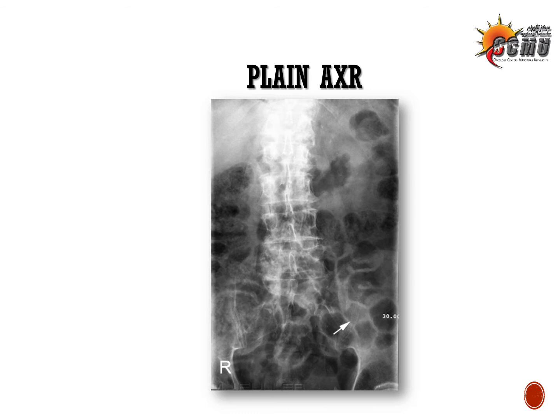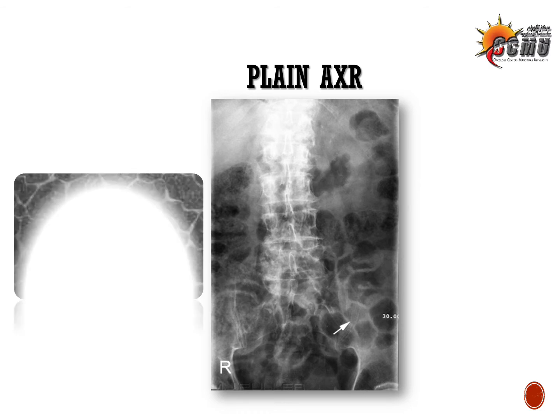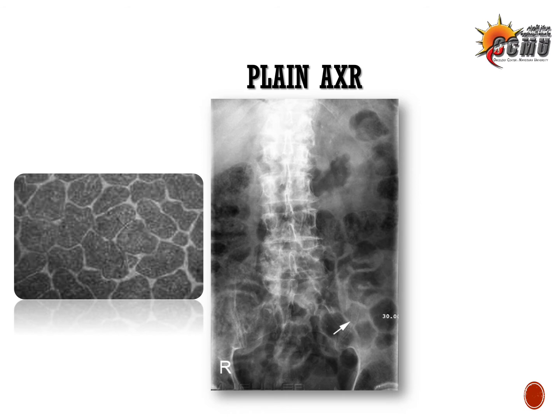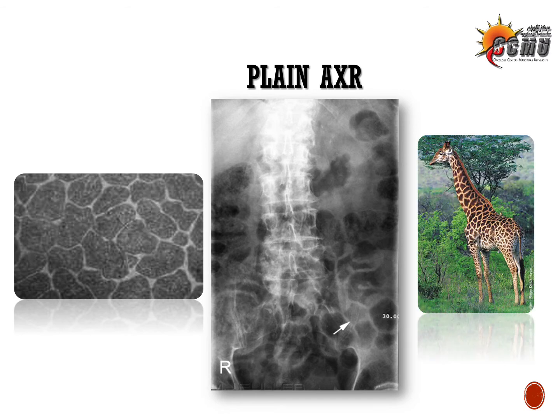This look has been likened to the pattern on a giraffe, appearing as an interlocking, random, tessellated pattern of gas distribution in the small bowel, and that's normal for gases in the small bowel because we always ingest air. There is no dilatation beyond the limit that we've mentioned.